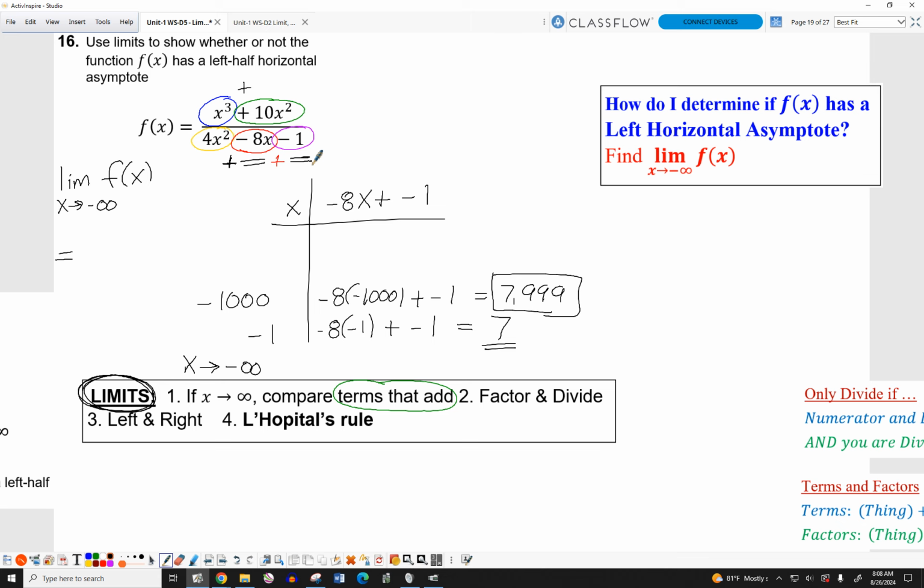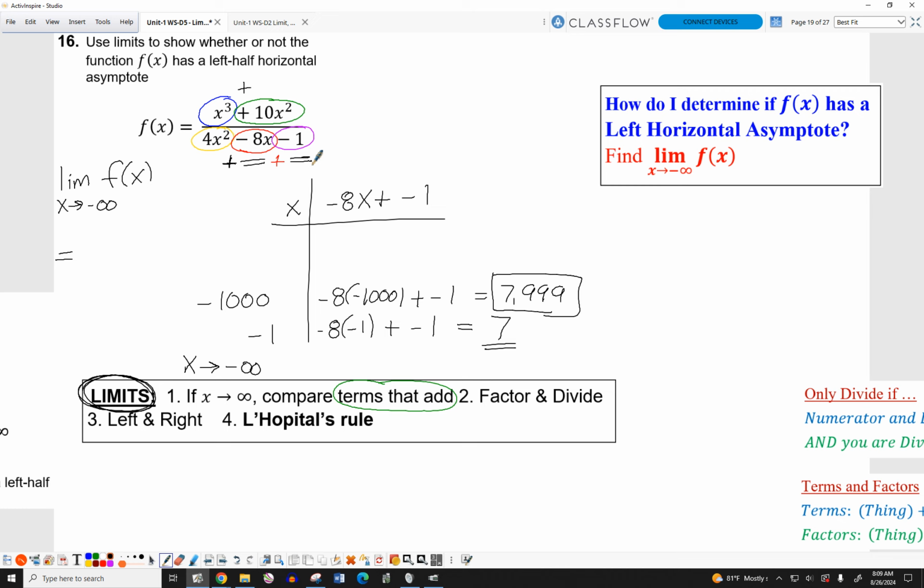Oh, okay. So now we're going to look at the yellow and the red term and do the same kind of exercise. Think of x becoming more and more negative and wondering when those two add together, will the total be dependent upon both terms, or will one term become much more important than the other?